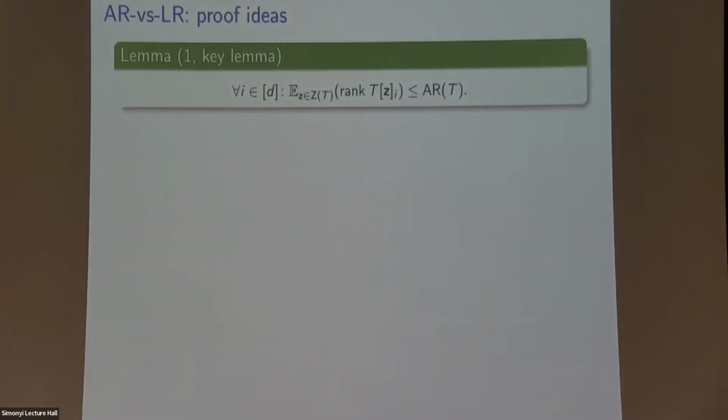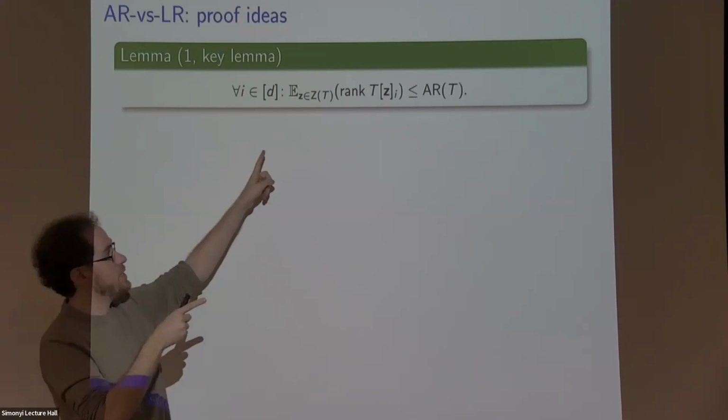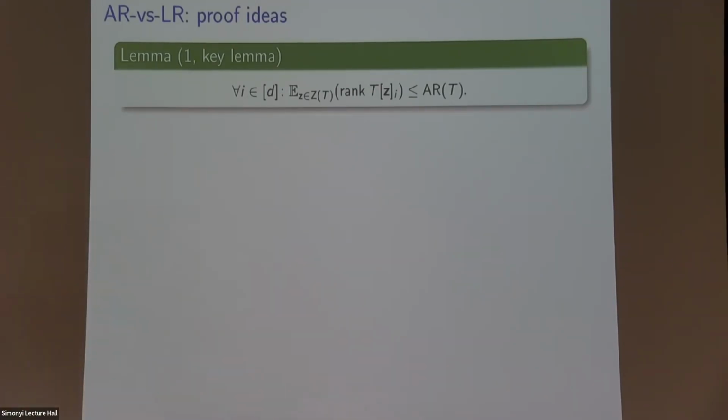And maybe the key lemma here is the key connection between local rank and analytic rank, which is the connection between partial ranks and analytic rank. So it turns out that if you take a partial rank in any dimension, for any I, at a random point in the 0 set, then the expectation is always bounded by the analytic rank.